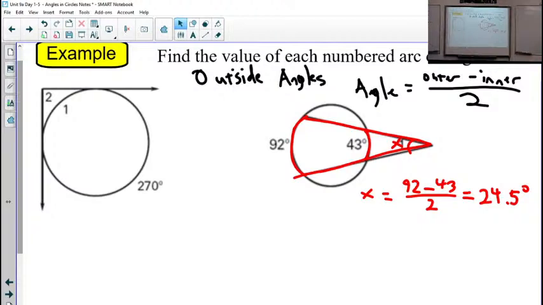Minus. So again, when we were doing the inside ones, when they were inside the circle, we added divided by 2. Now that we're outside the circle, our formula is subtract divided by 2.